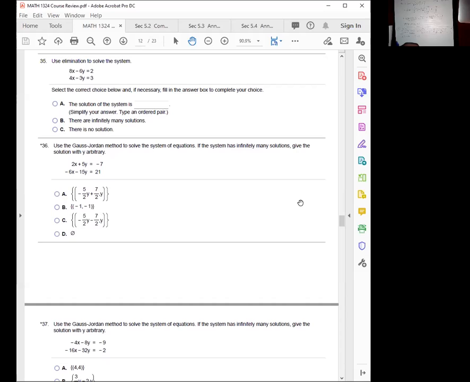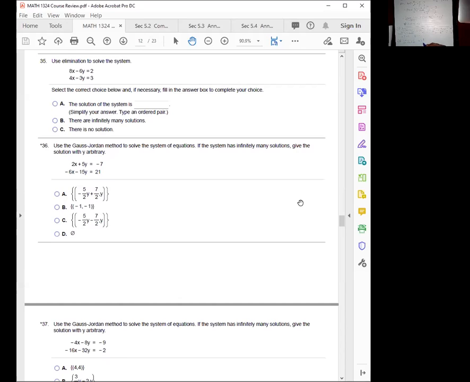So 36 is 2x plus 5y equal to -7, and -6x minus 15y is equal to 21.